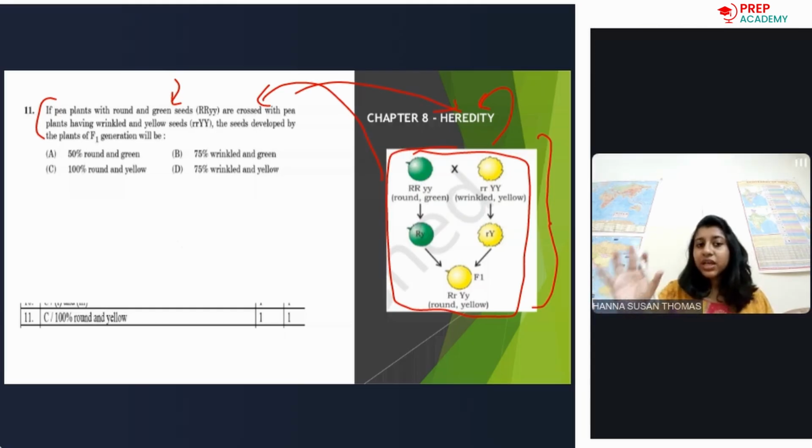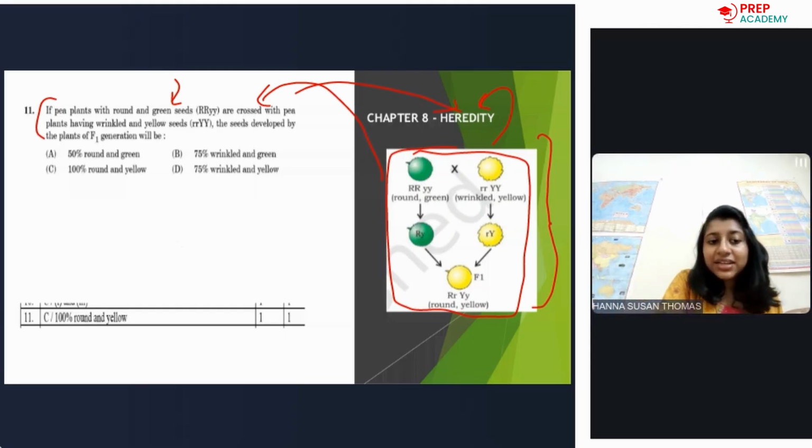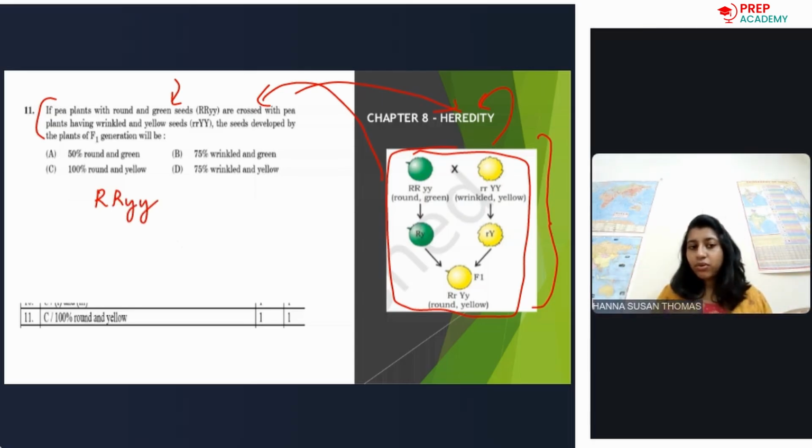Here you can see round and green seeds represented by capital R, small y, small y. What does this mean? Round is the dominant trait, while with regards to the color of the seeds, green is the recessive trait.